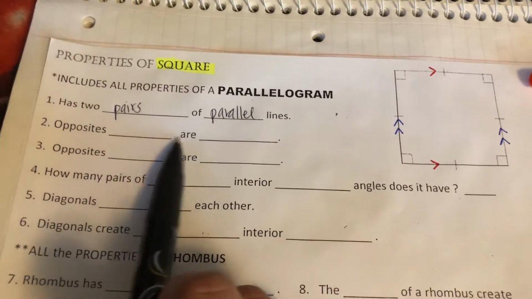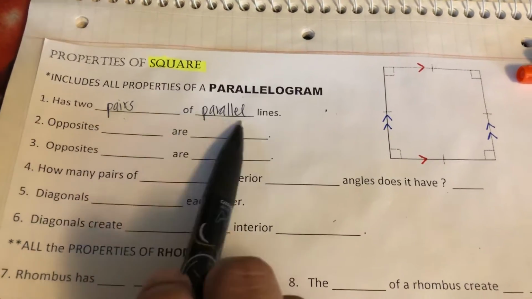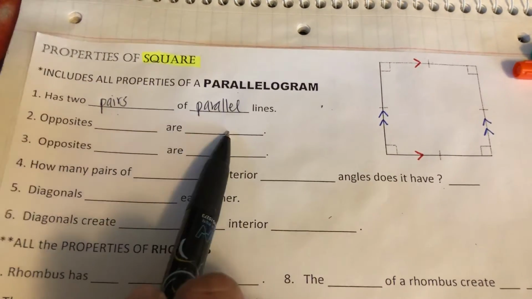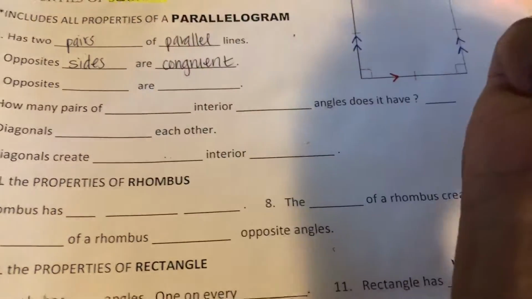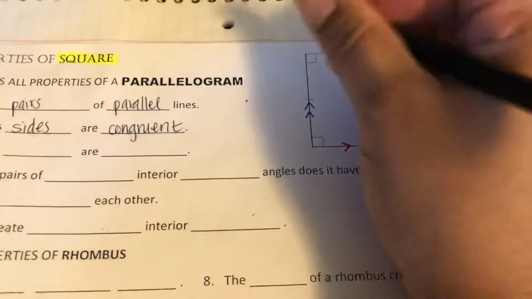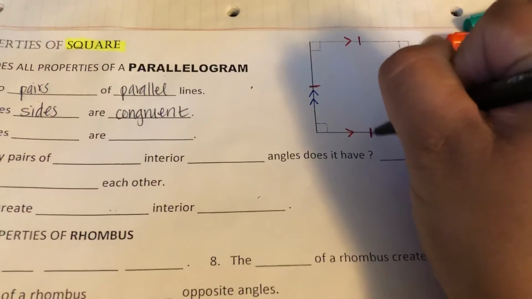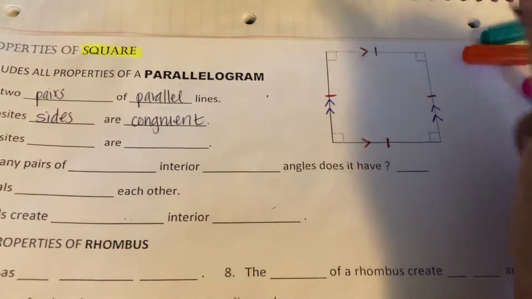Now what is the second property of a parallelogram? Opposite sides are parallel? No, we already said that. Opposite sides are congruent. We have those shown over here with our little tick marks: one tick mark, one tick mark, one tick mark, one tick mark.